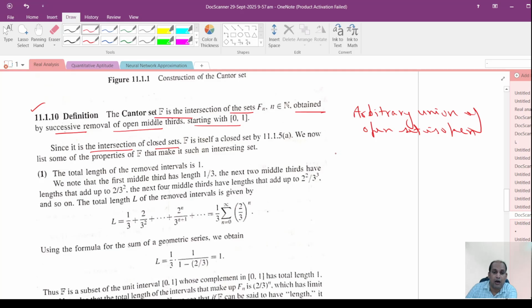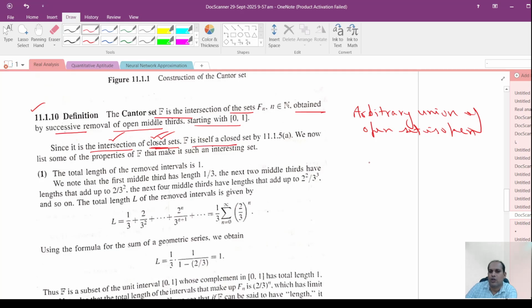We have an arbitrary intersection of closed sets, and an arbitrary intersection of closed sets is closed. Each of F1, F2, Fi, Fn is closed, so from there the Cantor set is closed.